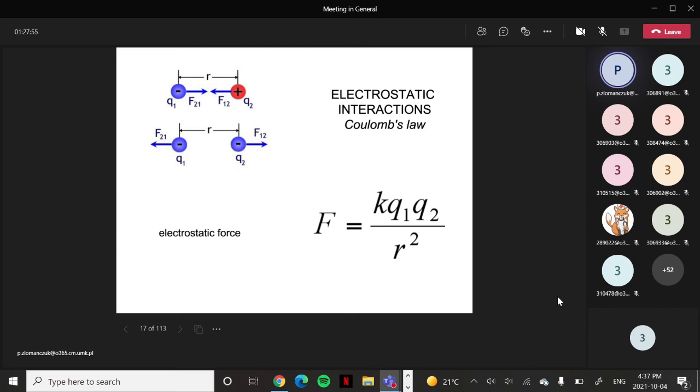And the second conclusion from Coulomb's law is that the size of the electrostatic force is proportional to the size of the charge. You can see it in the equation here in the lower right corner. The length of the vector of the electrostatic force is proportional to the size of the charge.